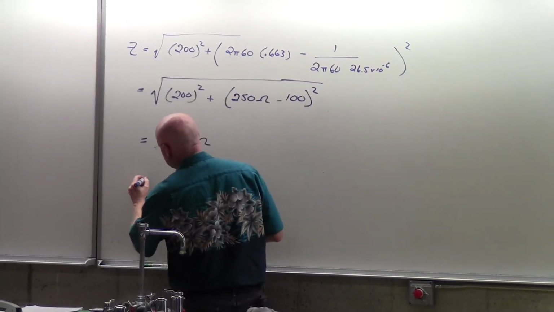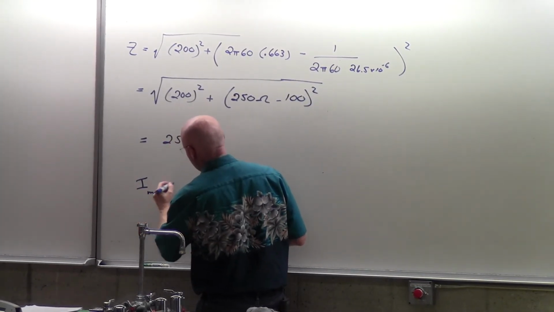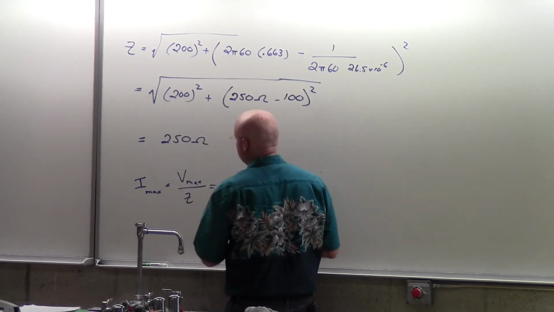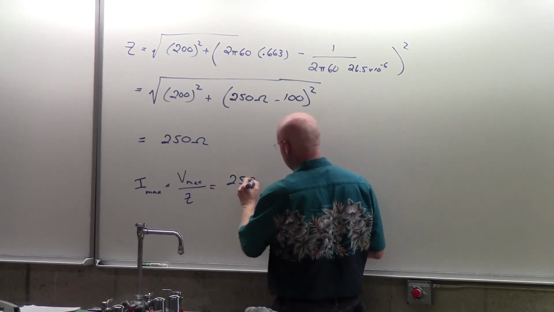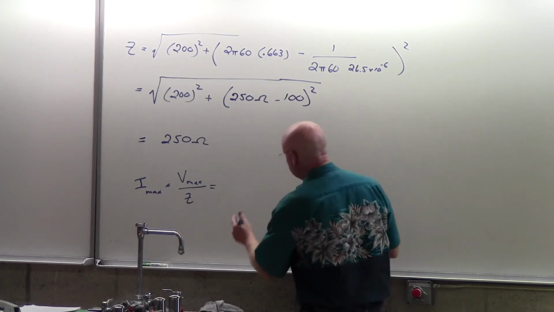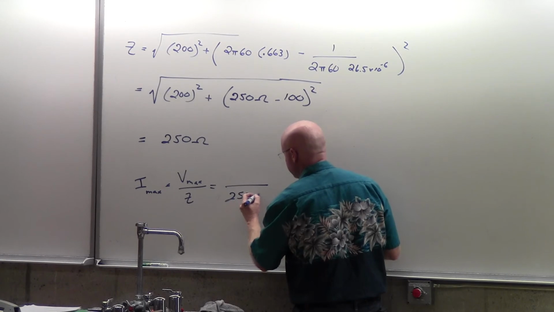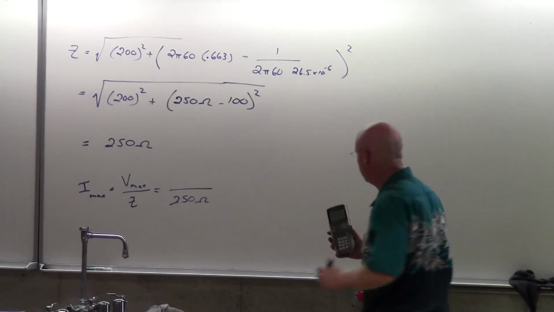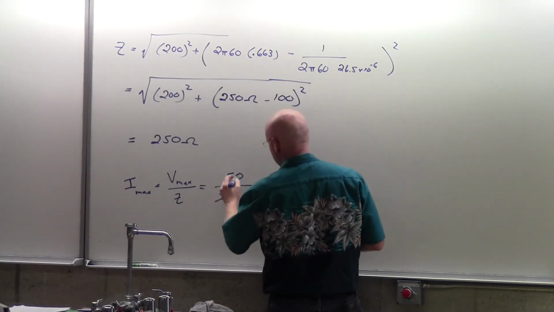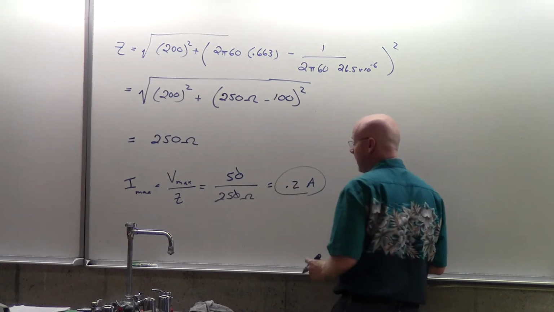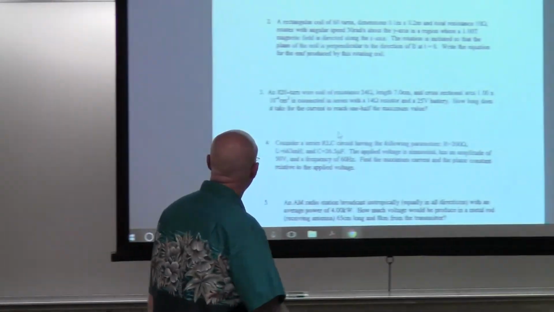To get the maximum current, I would take the voltage at its maximum and divide it by that impedance. 250 ohms is the impedance, and this AC voltage source has a maximum of 50. So that's 1/5, so it looks like 0.2 amps. And that is part of this problem.